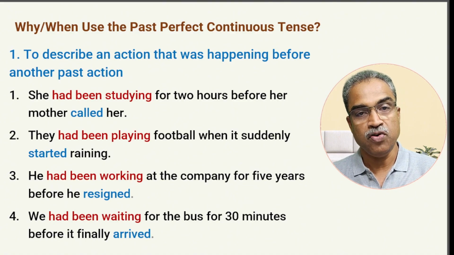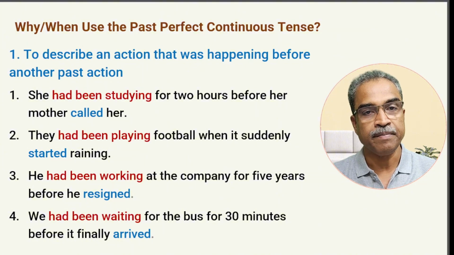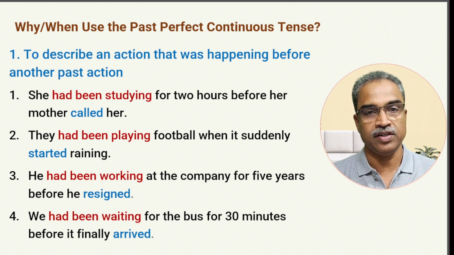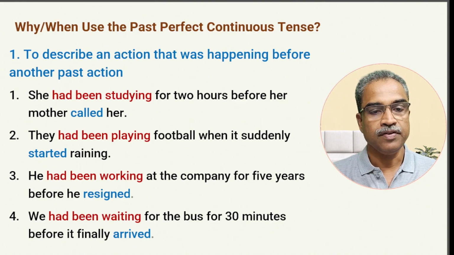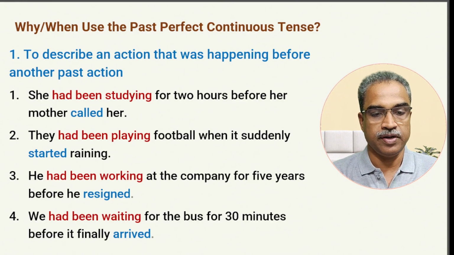Before her mother called, what was she doing? She was studying for a while, continuous tense. And when her mother called, her studies stopped there, perfected, that much complete. So she had been studying for 2 hours before her mother called her.